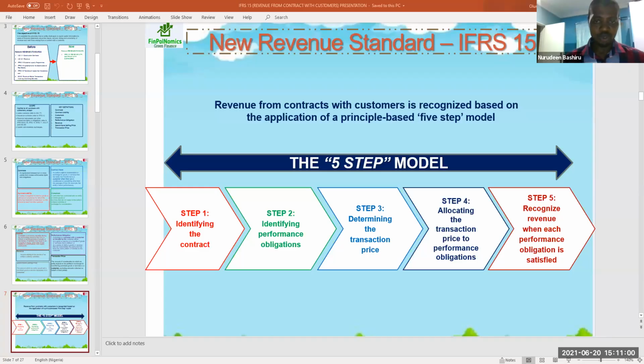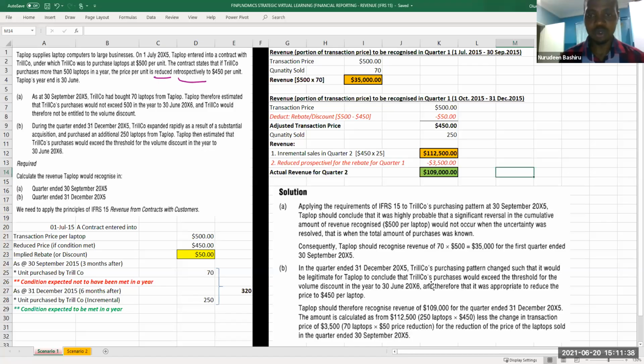Actually, my expectation in respect of IFRS 15 is just to know the basic requirements of the IFRS standard and what we are expected to adopt, especially people in practice. With the way you handle this topic, I have the understanding of the topic, and my expectation is not so high because I understand that you are taking it step by step. Thank you.